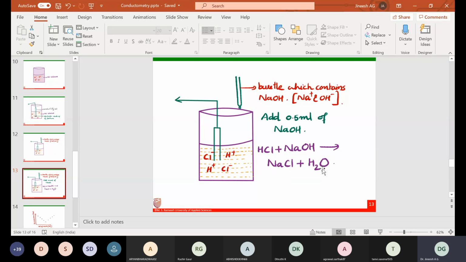Here, what is actually happening? In HCl, there were H plus ions. Am I right? That H plus ion is now converted into water. What does it mean? Does the H plus ion concentration decrease or increase when you add sodium hydroxide?